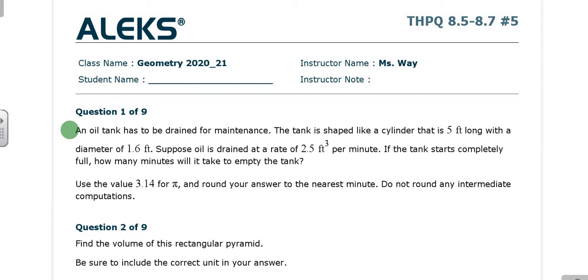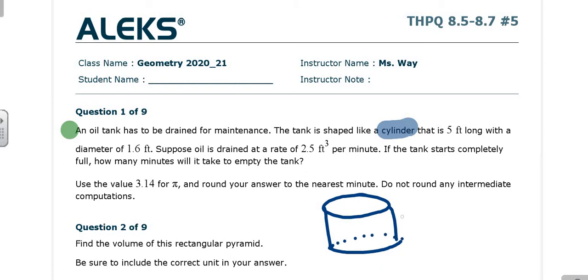So if you want to get all your moving parts, first off, we have a cylinder. And it says it's 5 feet long, which means what happened technically is that they rotated the cylinder this way.